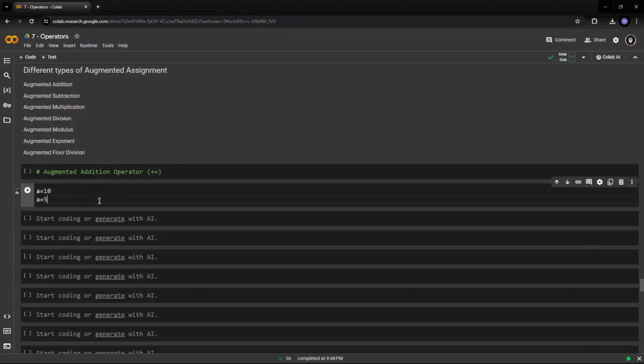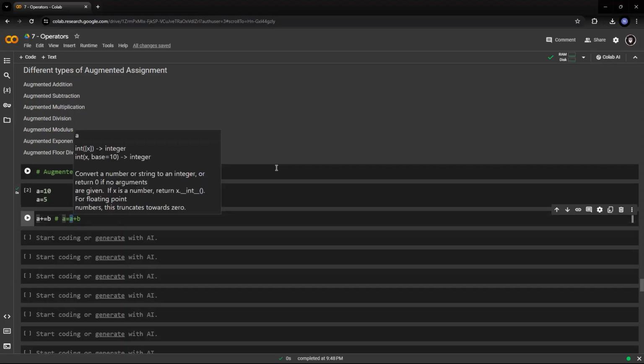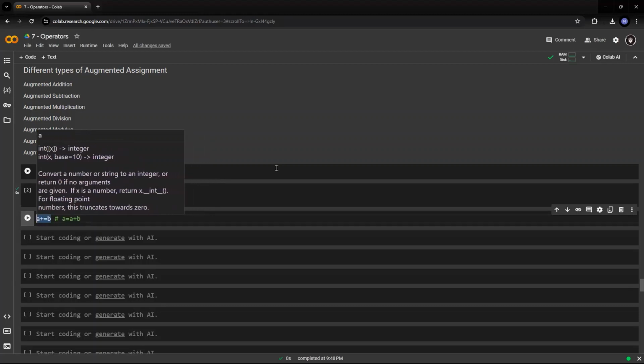Now let's try to give an augmented assignment. I'll say a plus equals to b. This is the same as a equals to a plus b, so we are eradicating this a in between, and we are saying a is getting added to b. So this is called augmented. This saves time and improves the efficiency of your coding as well.